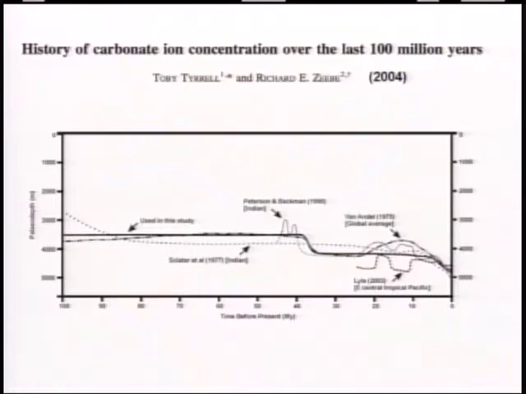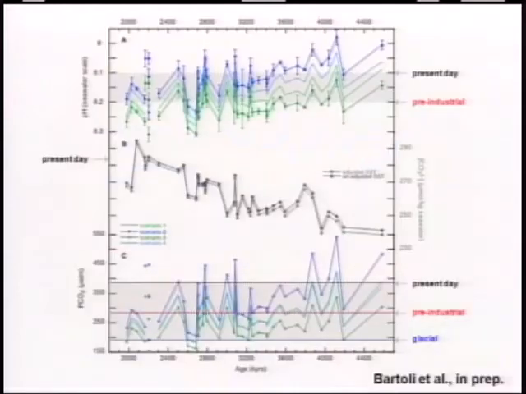He used the CCD depth in addition to changes in the magnesium-calcium ratio of seawater, which is a function of the solubility and precipitation of calcium carbonate in the ocean. And so he modeled those data for 4.7 to 2 million years ago. These are the data over here, so you can see how the carbonate ion concentration 4 million years ago was lower than it was 2 million years ago.